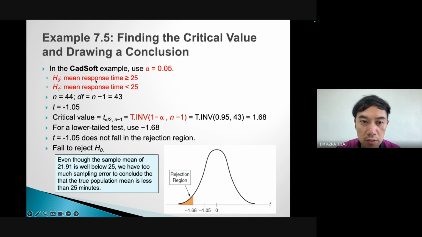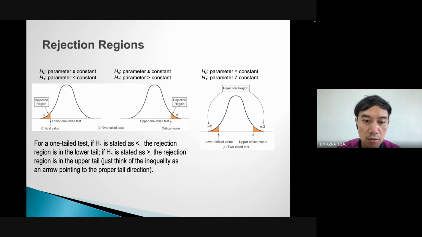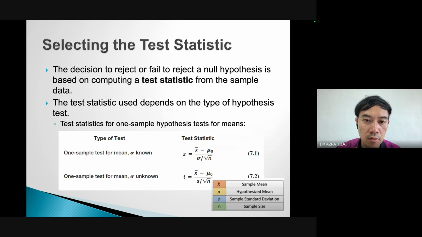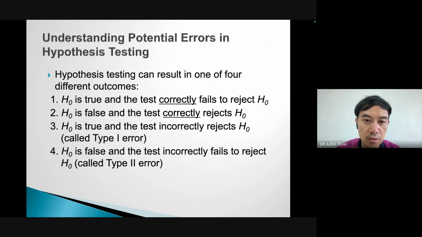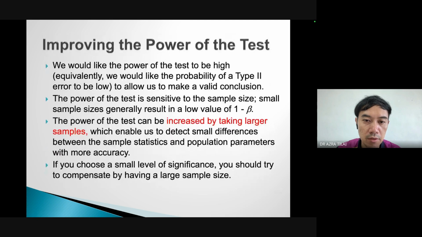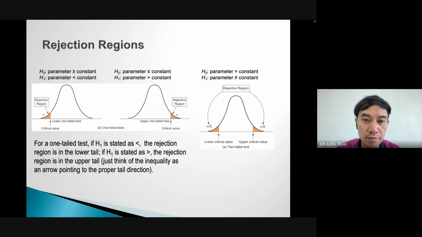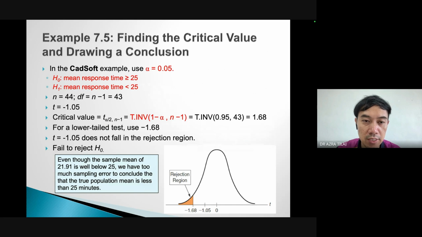So you look at the question. After you read the question, where's the question? The question is very far up here. Never mind. When you read the question and then draft the hypothesis testing, the red part here is the hypothesis statement.